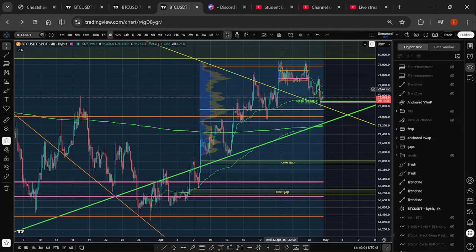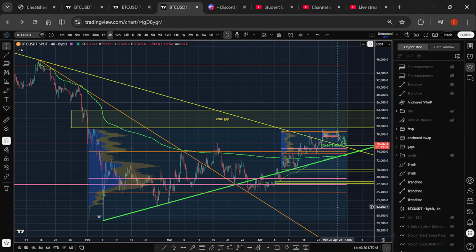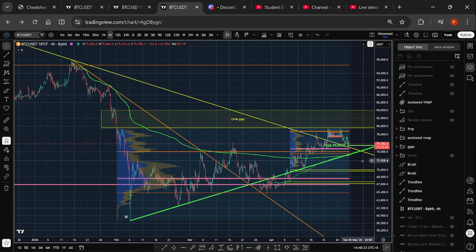Or you have the bearish scenario where this is the top. It's done a fake out. Everyone's gone bullish. Drops under the green trend line. Fills the gaps. And then by the time it's got down to here, it's broken the channel.